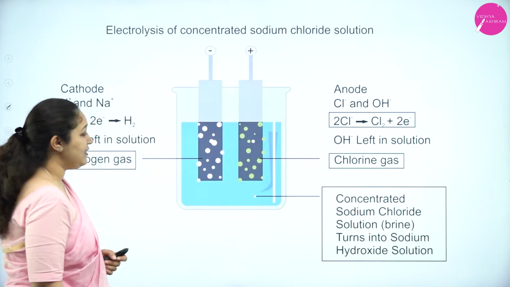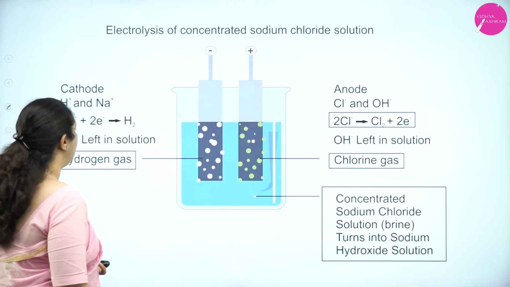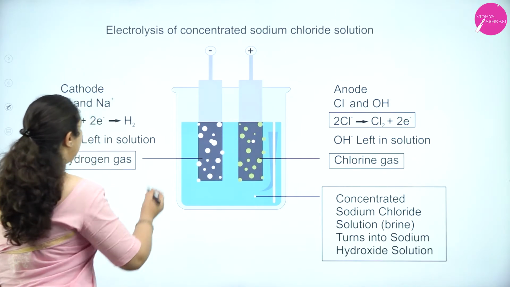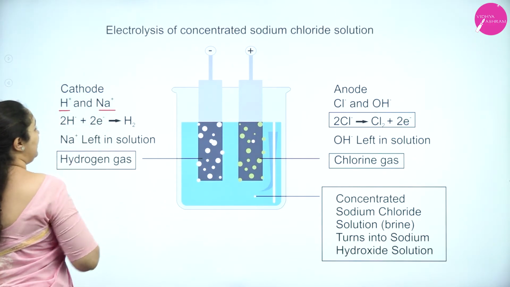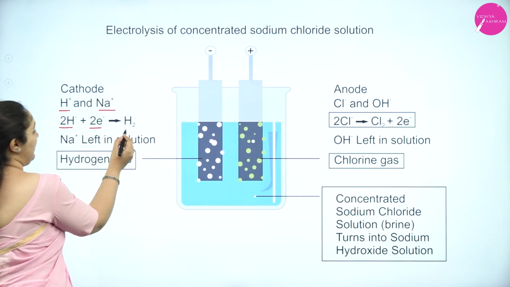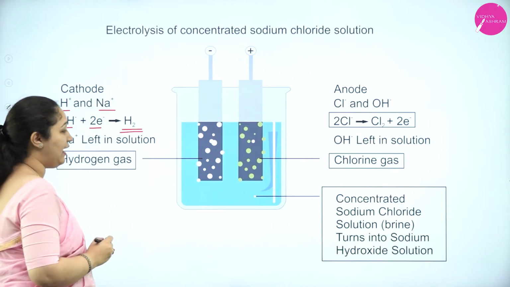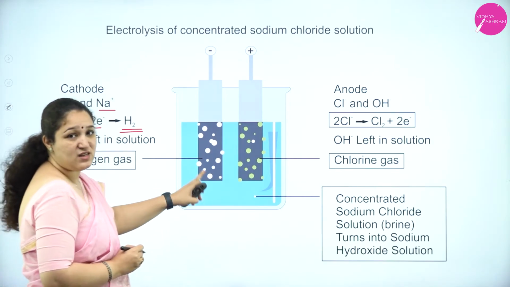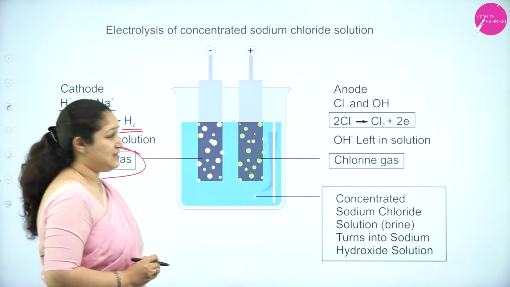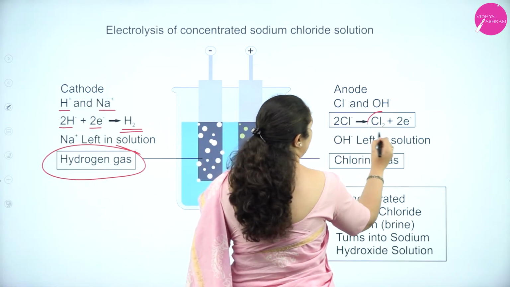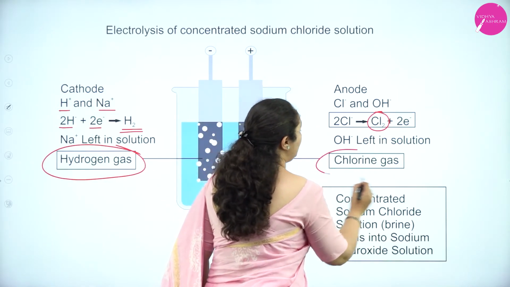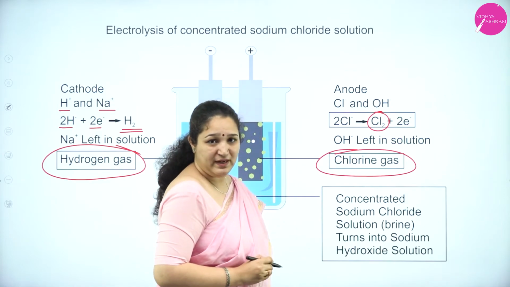Again, to summarize, I have put a small diagram for you all. If I take a concentrated solution of NaCl, at cathode, H plus and Na plus can come, and what will happen? H plus ion can accept an electron and get liberated as hydrogen gas. So, at cathode what is getting liberated? Hydrogen gas. At anode, chloride will liberate electrons and form chlorine gas, and thus chlorine will be liberated here.